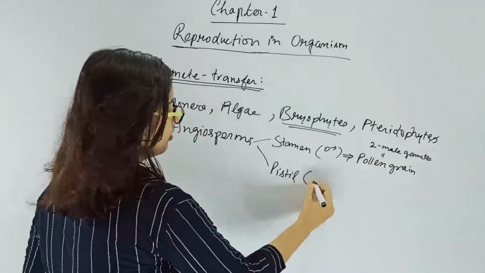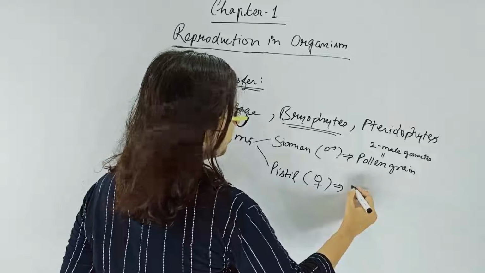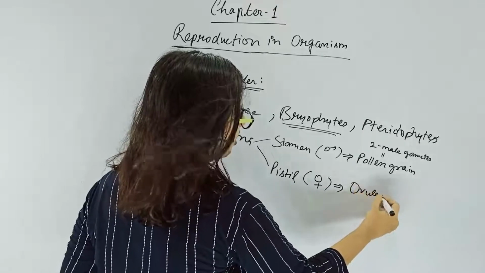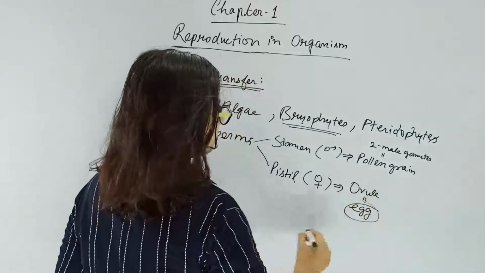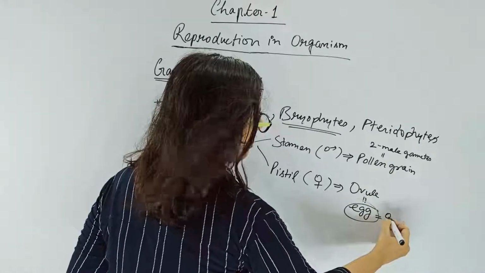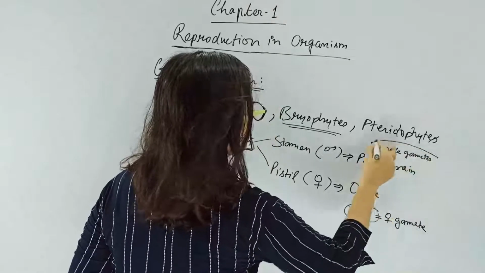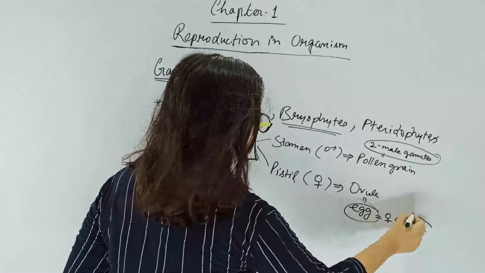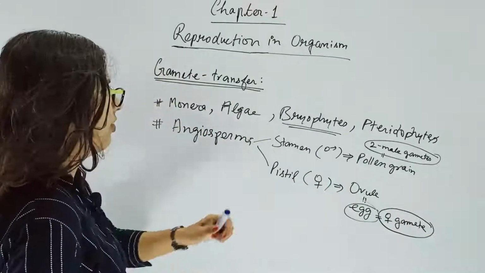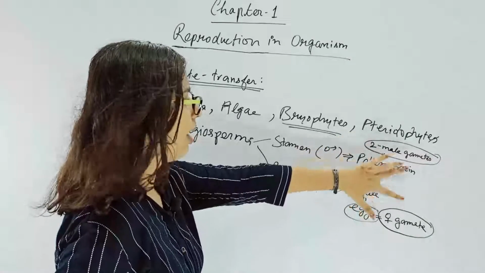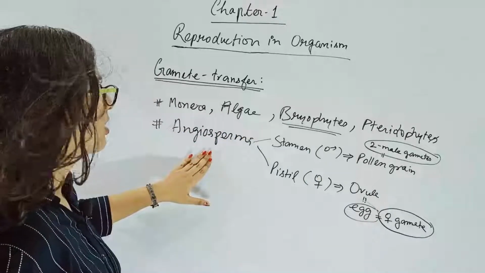In the pistil, which is the female reproductive structure, there will be an ovule, and the ovule will have an egg. Egg is the female gamete. So two male gametes are there in the pollen grain, one female gamete is there in the ovule. So the fertilization has to happen between the male gamete and the female gamete in case of angiosperms.